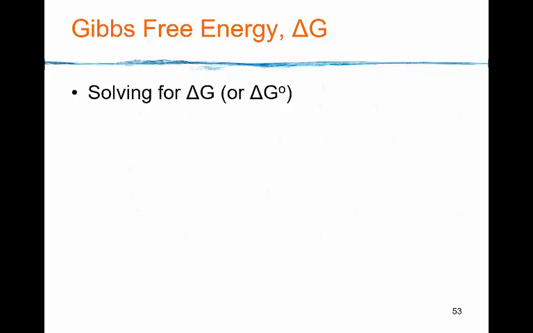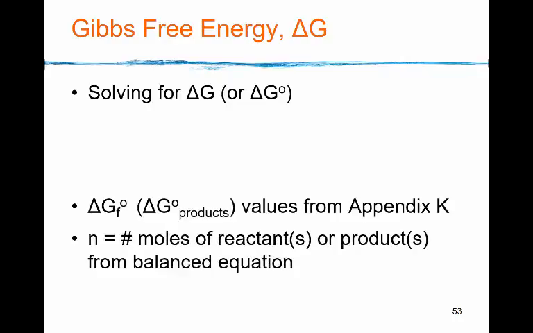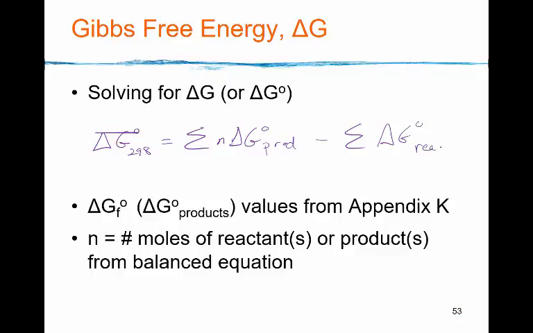So when we solve for delta G, it's going to be very, very similar to what we've done already. Delta G0 at 298 is going to be what? The sum of all the n delta G0 of the products minus the sum of all the n delta G0 of the reactants.